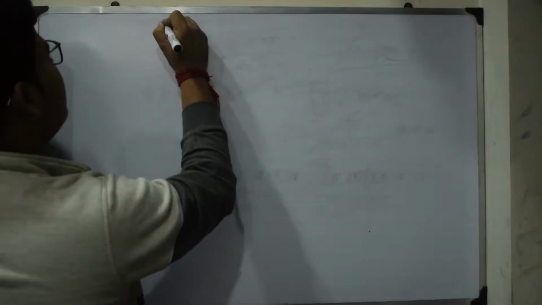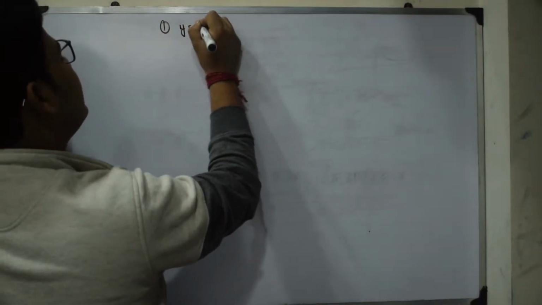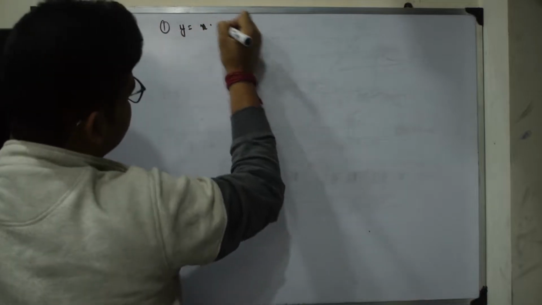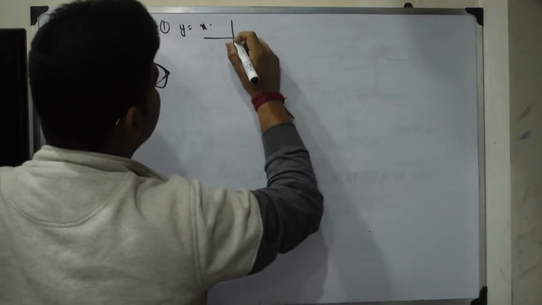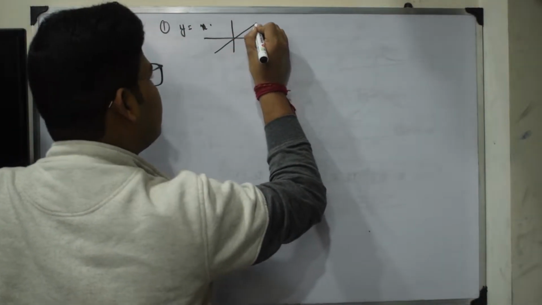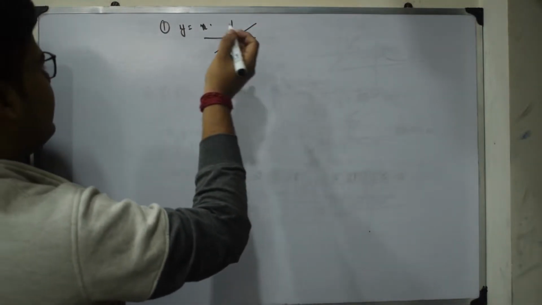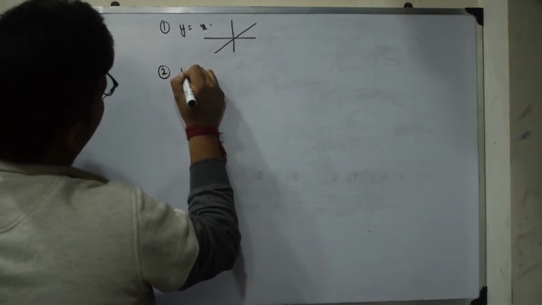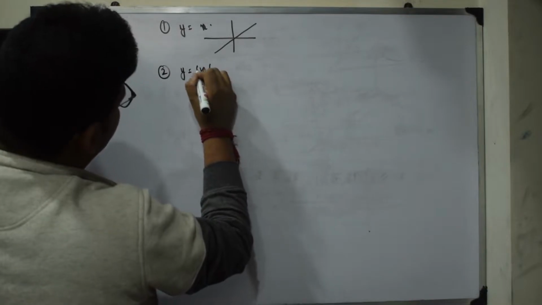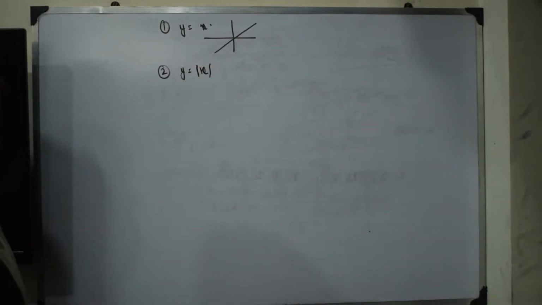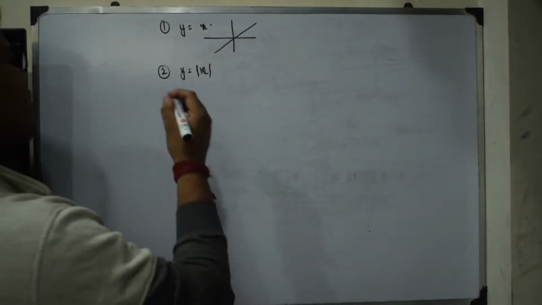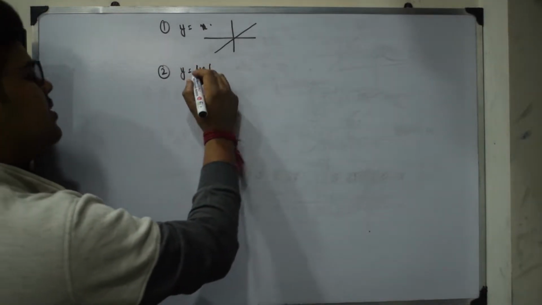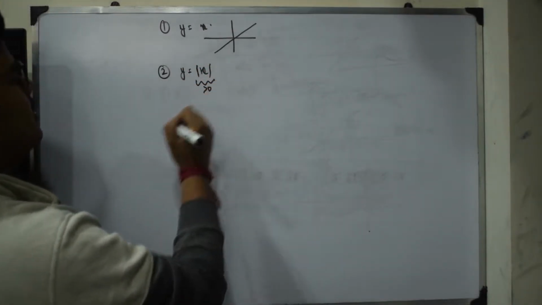From number 1, graph y equals x. Everybody knows this, I guess everybody can do this. This is y equals x. Now comes y equals mod of x. Now what is the modulus function? Basically, mod of x always bears a positive value.